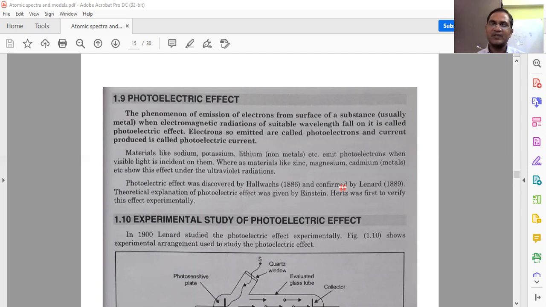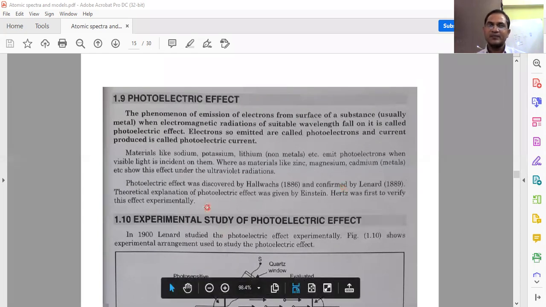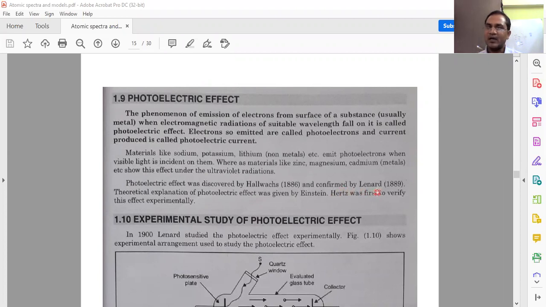So you have to observe that one. One more point is that the photoelectric effect was first discovered in 1886 by Hertz, and it was confirmed by Lenard in 1889. The theoretical explanation of the photoelectric effect was given by Einstein. Hertz was first to verify this effect experimentally.